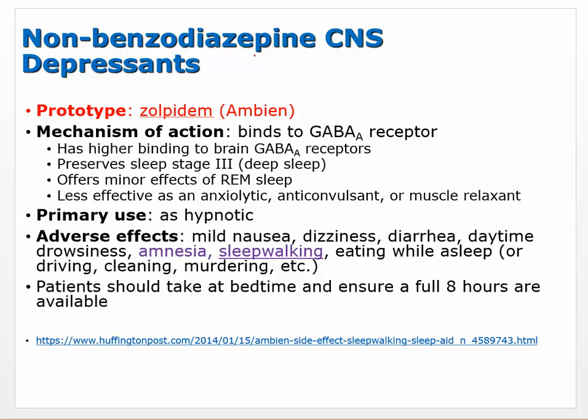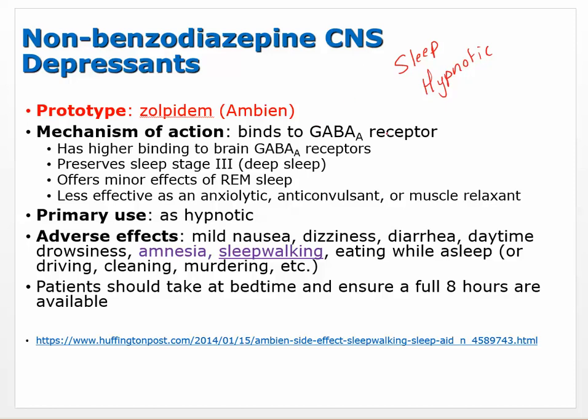The non-benzodiazepine CNS depressants. Now we're talking about sleep, so we're talking about a hypnotic. This is one that a lot of people have heard about. It's not a benzodiazepine.